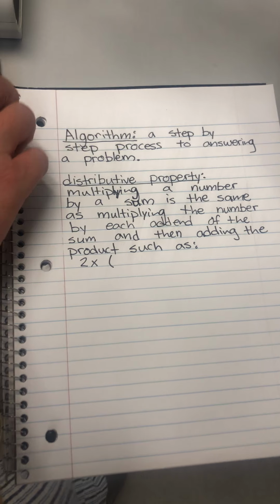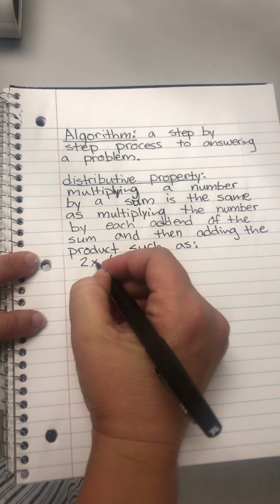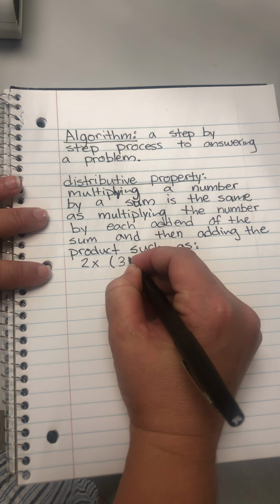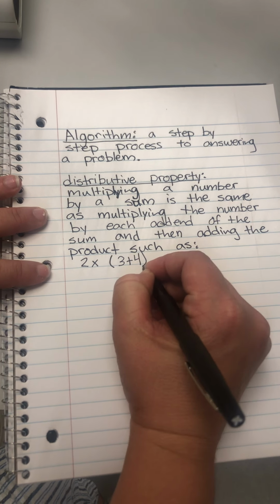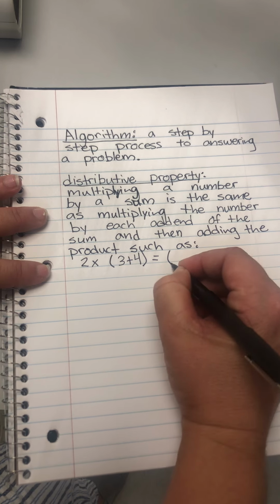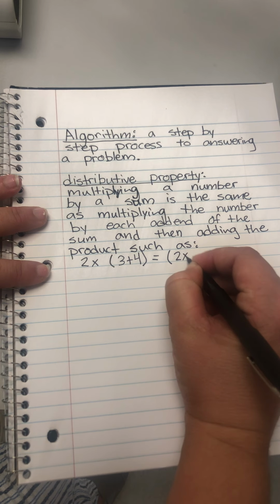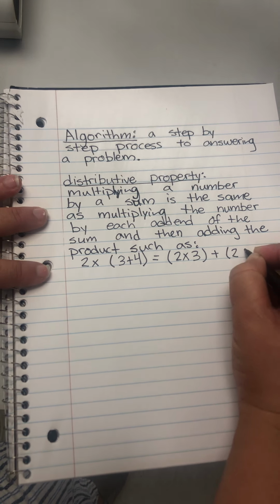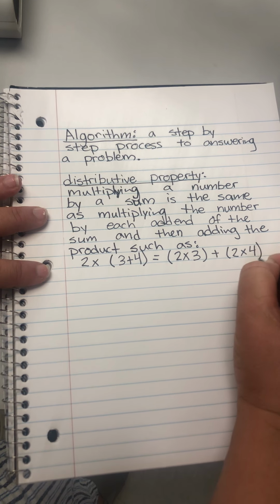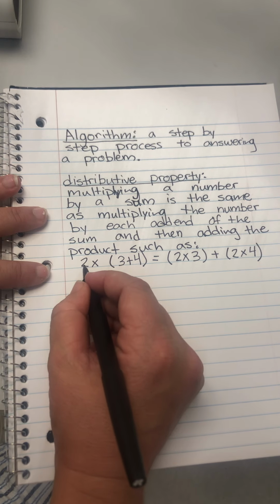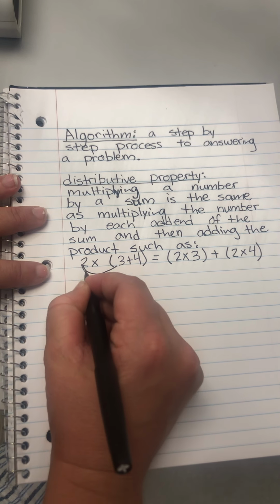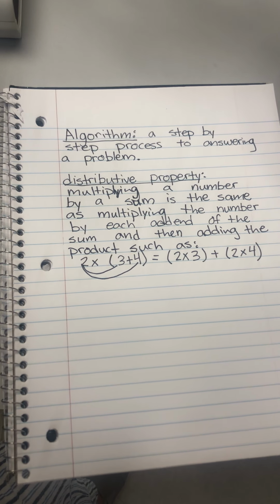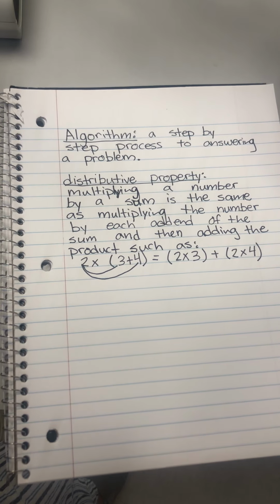All right, so, for example, 2 times, then there's a parentheses, it'd be 3 plus 4, which is the same as saying 2 times 3 plus 2 times 4. It's distributed into it, so it'd be 2 times 3 and 2 times 4. It's the same thing as saying that. That is the distributive property.